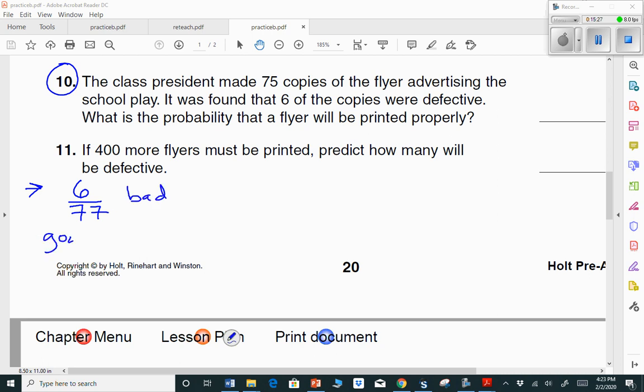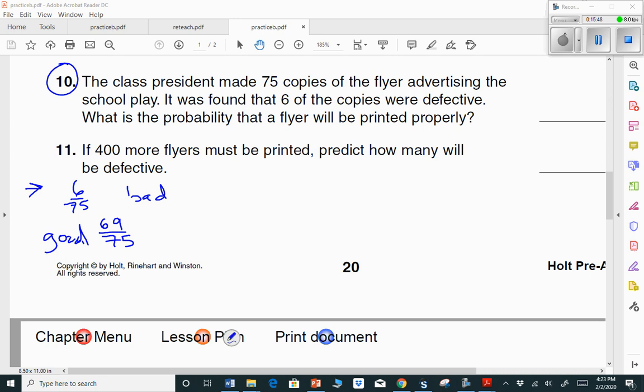So if 6 of them are bad, how many of them are good? Well, 75 minus 6 would be 69 out of 75 were good.